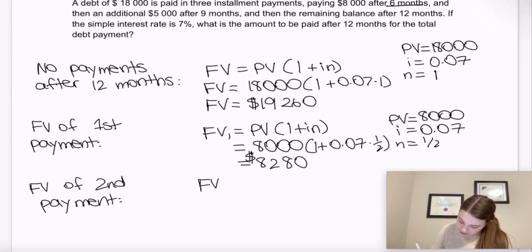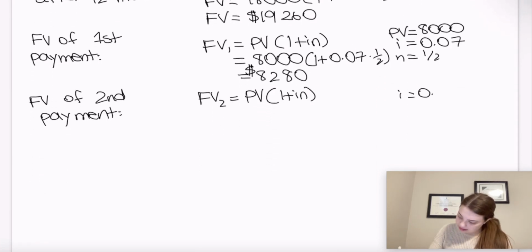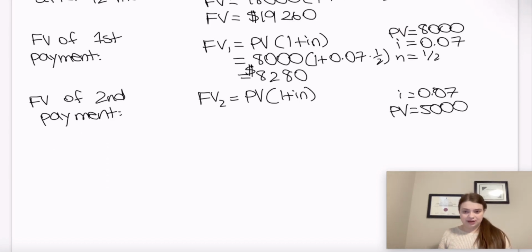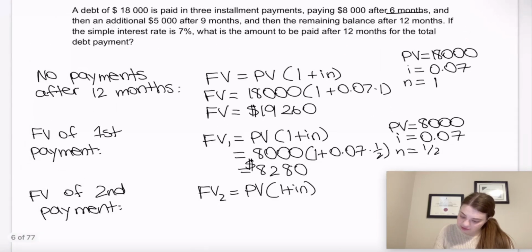So future value 2 is equal to the present value times 1 plus IN. So I is still the same. It's still going to be 7%. The present value in this case at this point is going to be $5,000 because that's how much the second payment is. And then N at this point, well, this payment is made after 9 months.